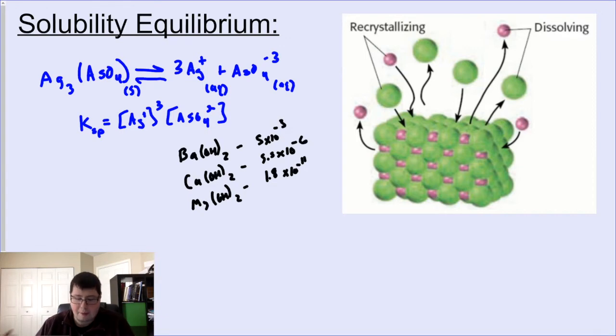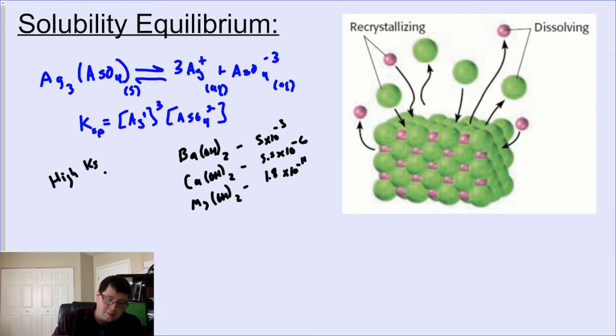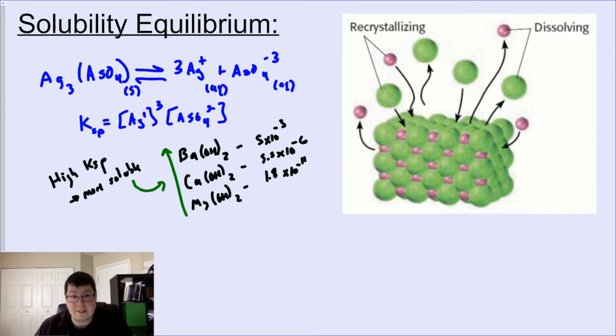So what I want to talk about is what this is going to actually mean. The larger your Ksp, if you have a high Ksp, something like barium hydroxide, that means the amount of dissolved ions can also be really high. So the higher your Ksp, the more soluble your salt is. And so if you look at this chart, we're going to say that solubility is going to increase as you go from magnesium to calcium to barium hydroxide.